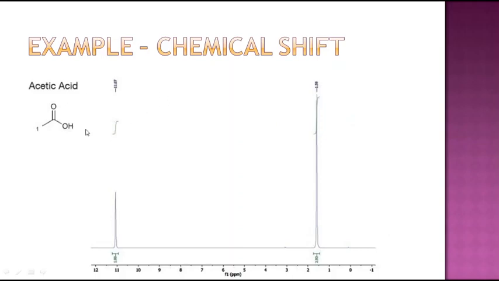Okay, this is another example of a chemical shift, where the OH proton is concerned. This is acetic acid. The CH3 proton gives a signal here, around 1.5, and there is not much difference in that.